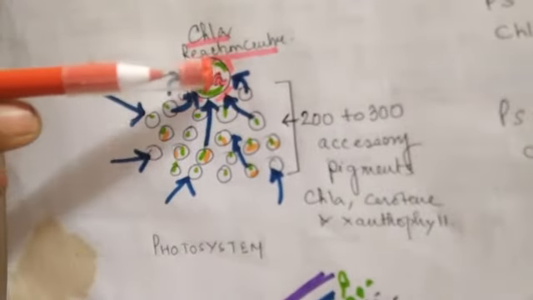Now, according to chlorophyll A, there are two light harvesting complexes. One is photosystem 1 and the other is photosystem 2. In photosystem 1, the central chlorophyll A has its maximum absorption at 700 nm. Clear? But in photosystem 2, the central chlorophyll A has its maximum absorption at 680 nm.